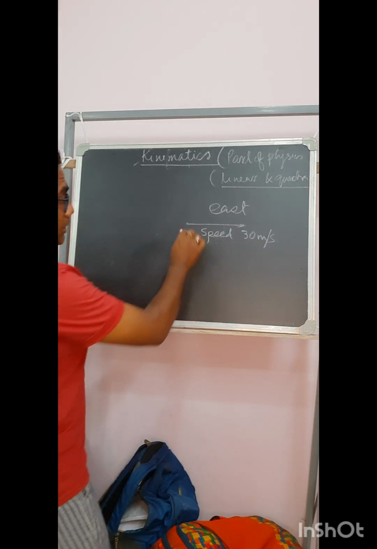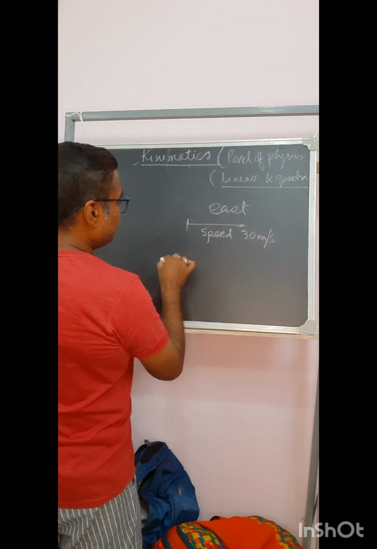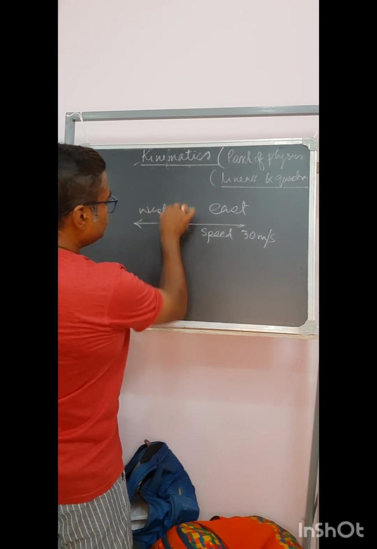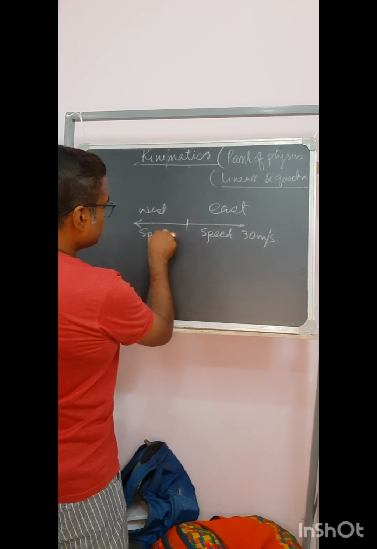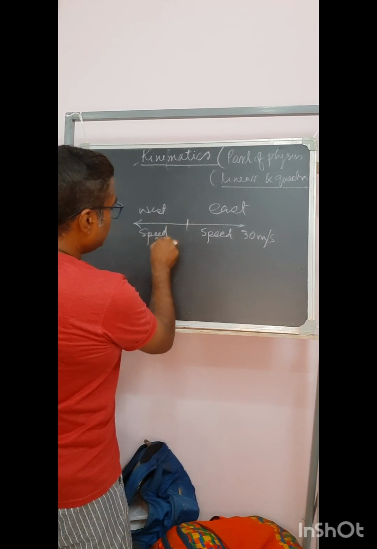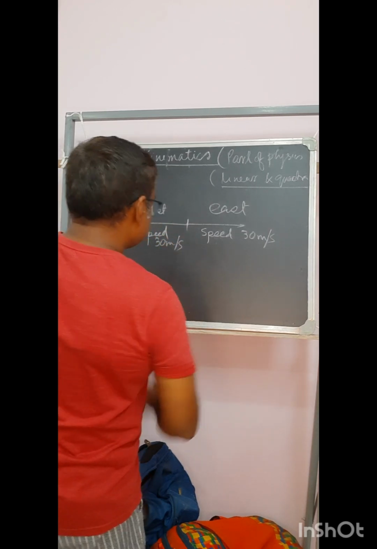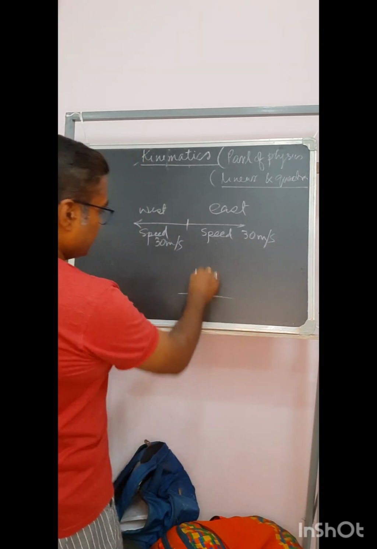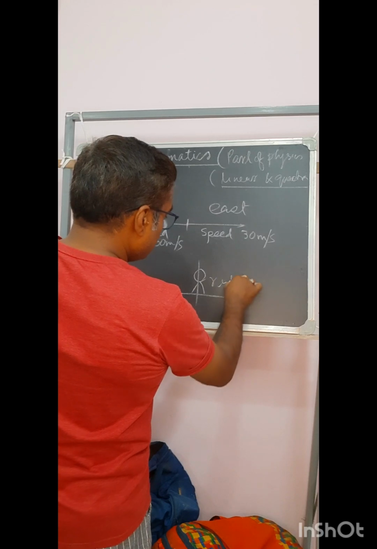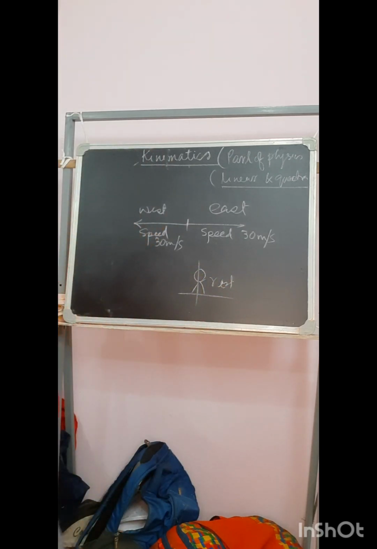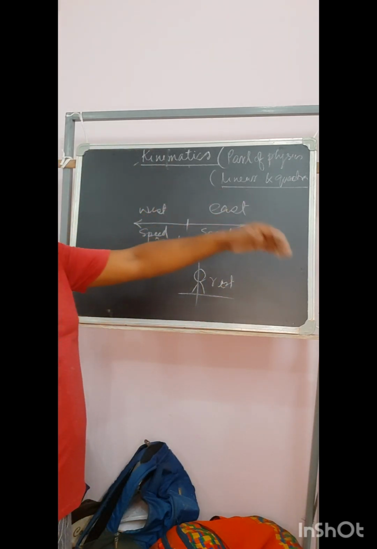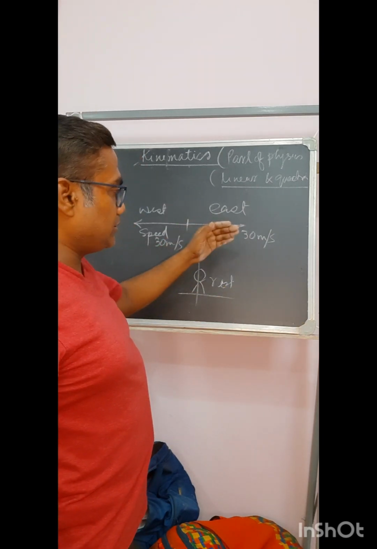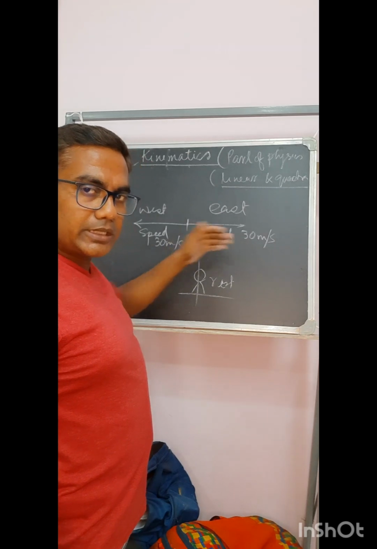So now it is moving in the east direction. At the same time, another car is moving in the west direction at the same speed, 30 meter per second. Now a person is standing there on the reference frame. He stands still, he is at rest. So what he would say to the examiner, what he is seeing, on that basis the calculation will start.